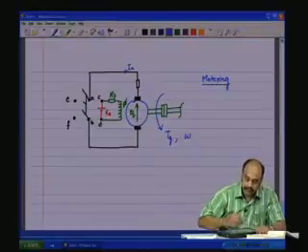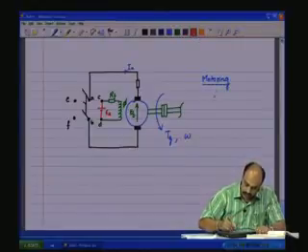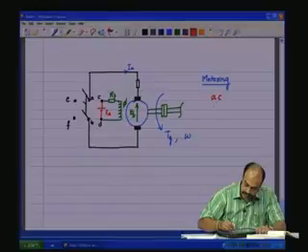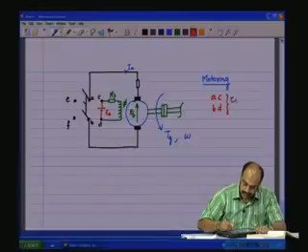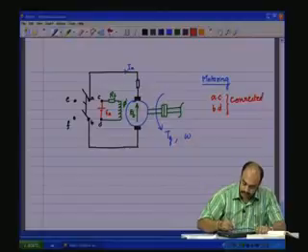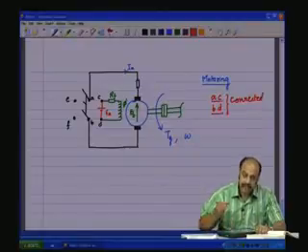When it is motoring, A and C are connected, B and D are connected.